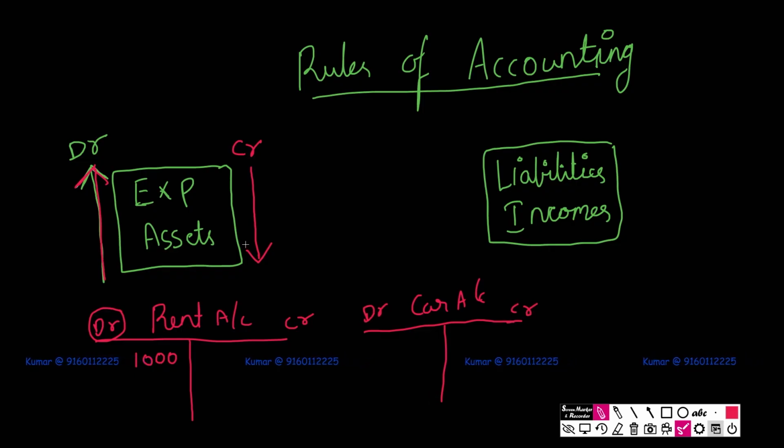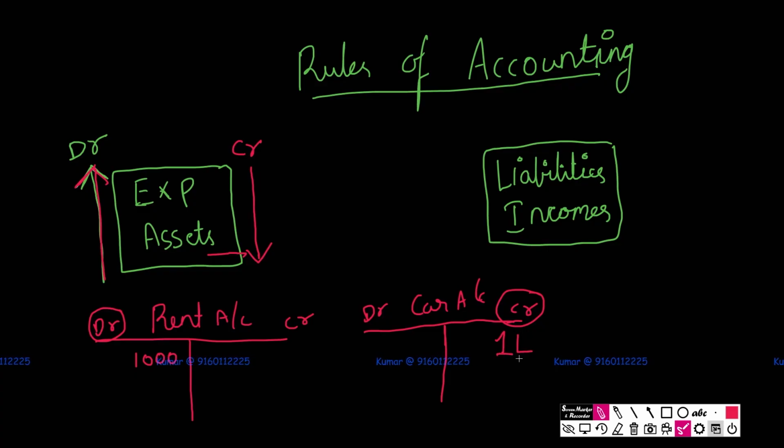The value is decreasing every year, which means if an asset decreases, we need to credit it. So in the car account, on the credit side, we write, for example, 1 lakh, because I'm decreasing. So this is the rule for assets and expenses. Understood till here?